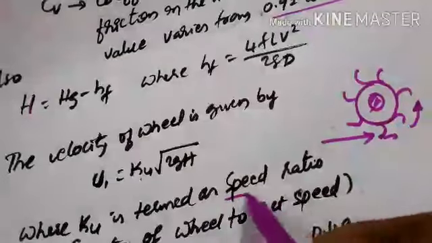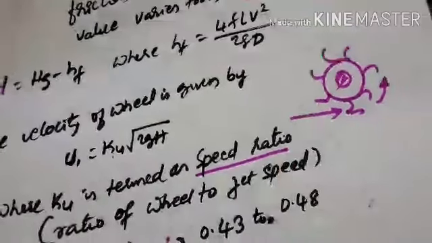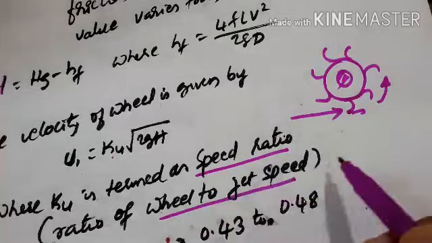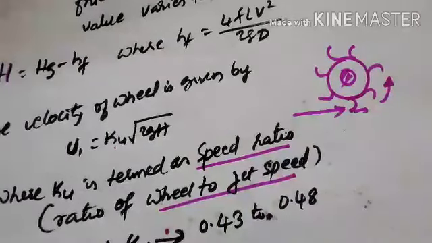Here the wheel speed u is given by ku times root of 2gh, where ku is the speed ratio, the ratio of wheel speed to jet speed, which we will calculate in this derivation.